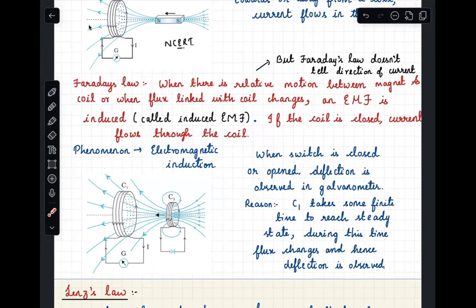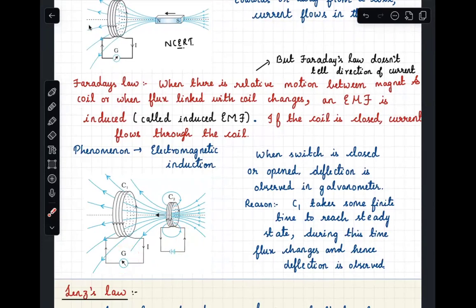Now you can have a circuit, a coil-like arrangement with a key. Here I am not showing the key. Once you close the key, there is a deflection noticed in C1. Once you open the key, there is a deflection noticed in C1. So long as there is a steady current in C2, there is no deflection in the galvanometer. Why?